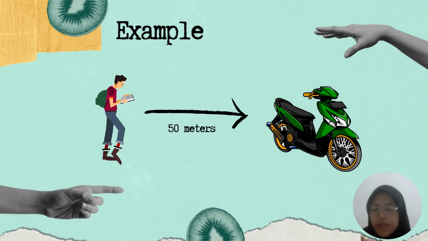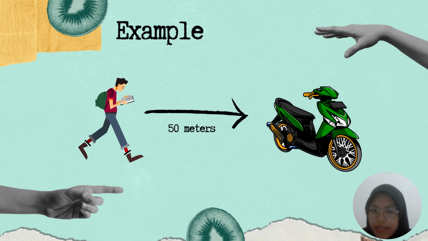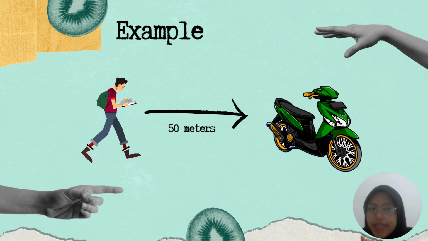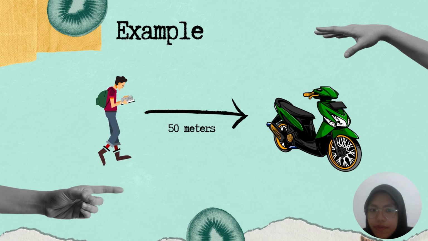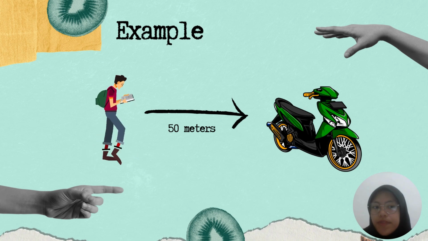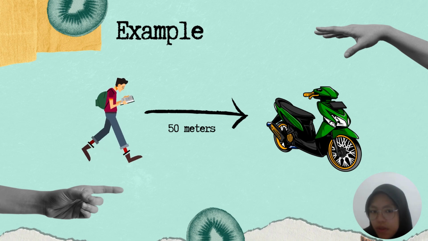Now we move on to vector quantity. Let's consider both the distance walked and the direction in which the person moved. The direction can be described using a compass direction or an angle relative to a reference point. For instance, the person walked 50 meters north.